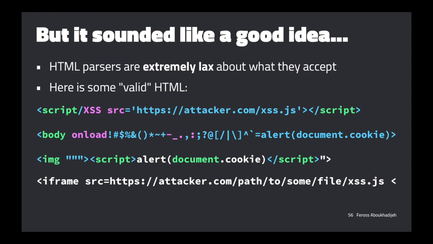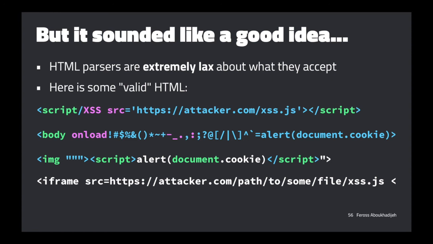So in this case, this is interpreted as script space XSS space source blah blah blah. And why is this significant? Why would I want to write a tag like this? Well, if I'm an attacker and I know you're looking for a blacklist of tag names that I'm not supposed to use, let's say I know you're searching for angle bracket script space, because you think that all tags have to start with the name and then a space.